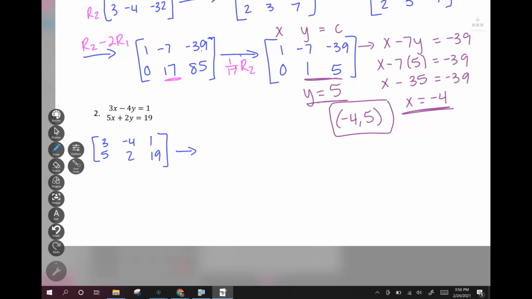Okay, to obtain a 1 in the first column, we could just multiply the first row by 1/3, 1/3 row 1. That leaves me with 1, -4/3, 1/3.